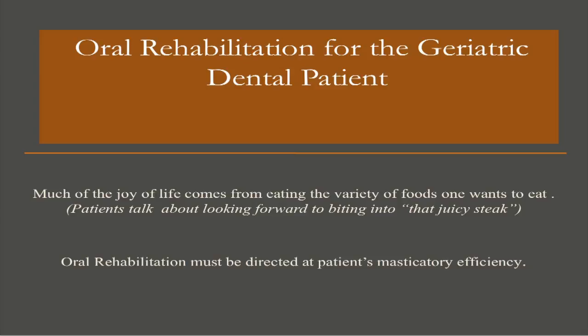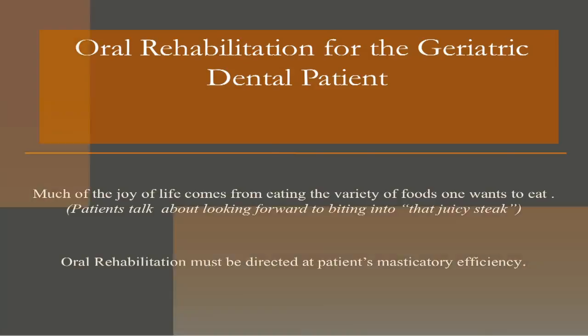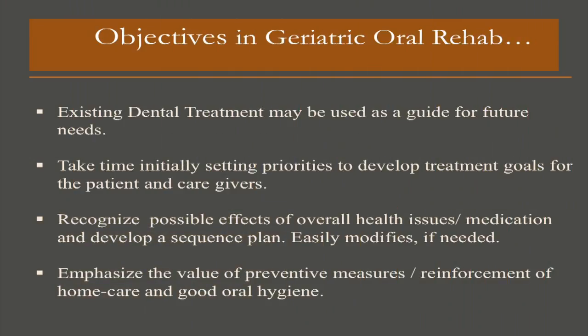What are some of the objectives in geriatric oral rehabilitation? Existing dental treatment may be used as a guide for future needs. What it means is, whatever we treat patients today, we have to keep in mind where this patient is going to be in 5 years.